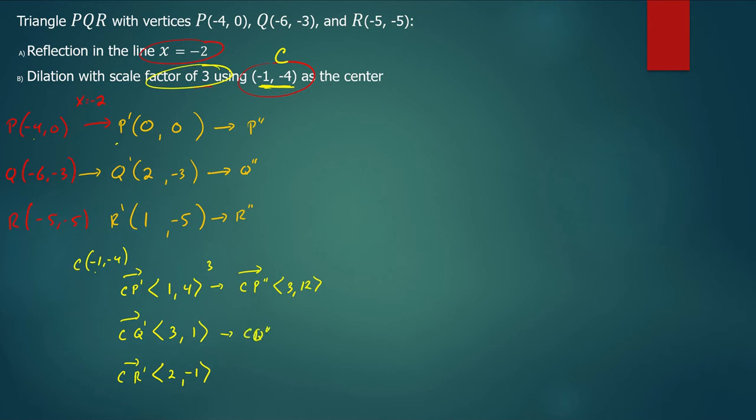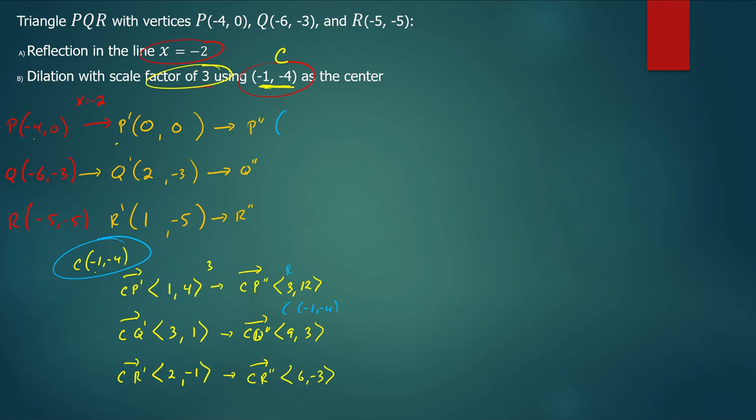C to Q double prime is going to be 9 and 3. And then C to R double prime is going to be 6, -3. So what this is telling me is that in order for me to get from my center of dilation, which is here, to P prime, it's telling me starting at C, which is my center of dilation, which is -1, -4, you're going to go right 3 units.